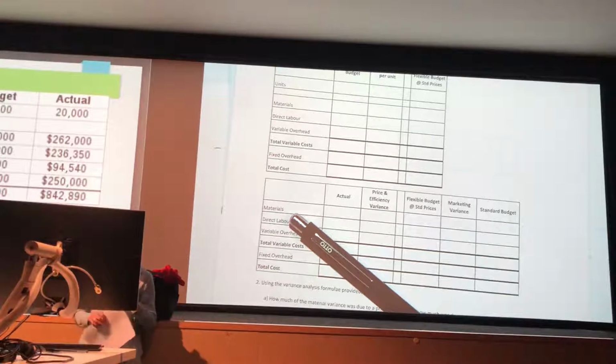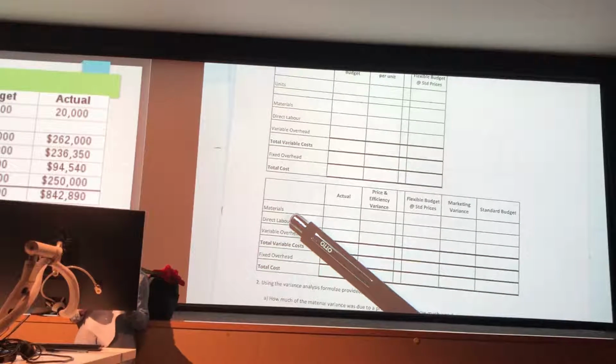Also included are the actual figures for the budget period. The variable overhead is costed at 40% of the direct labor. The budget was developed using an estimate of 1.5 kilograms of material, so let's say steel, per unit.